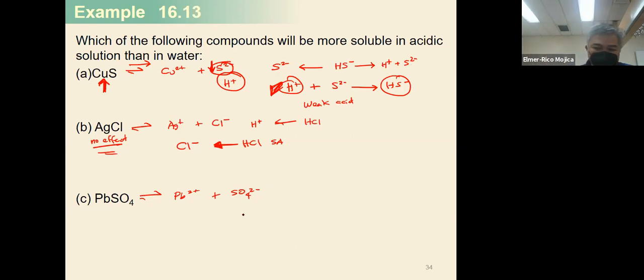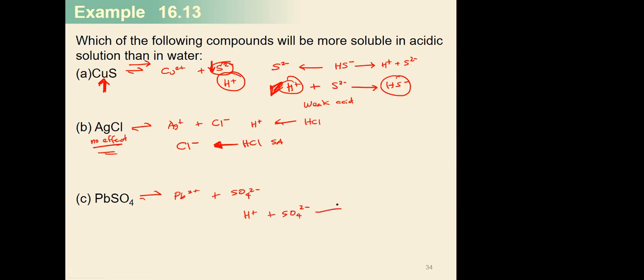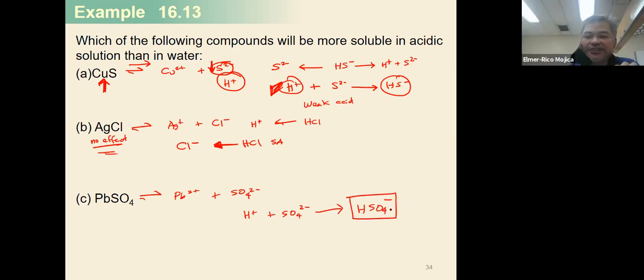Now, how about the last one? If H plus is present, will it react with the SO4 2 minus? Will there be a reaction? You should get HSO4 minus. Is this a strong acid or a weak acid? It's a weak acid.